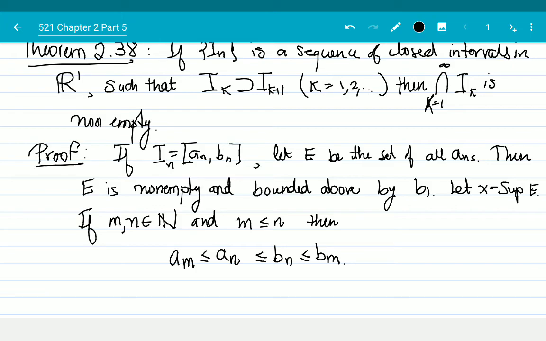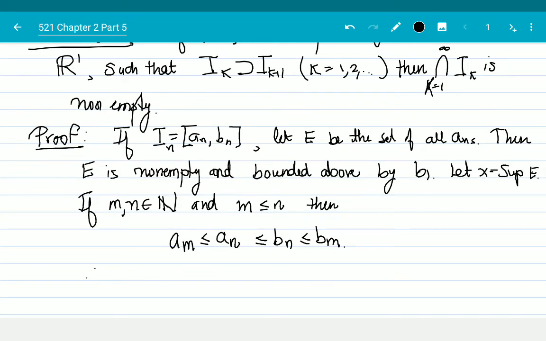Right? Therefore, since x is the supremum, we get that a_m is smaller than or equal to a_n, smaller than or equal to x, smaller than or equal to b_n, smaller than or equal to b_m for every n, m.